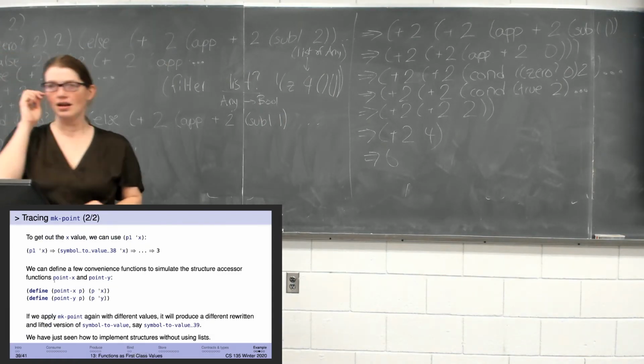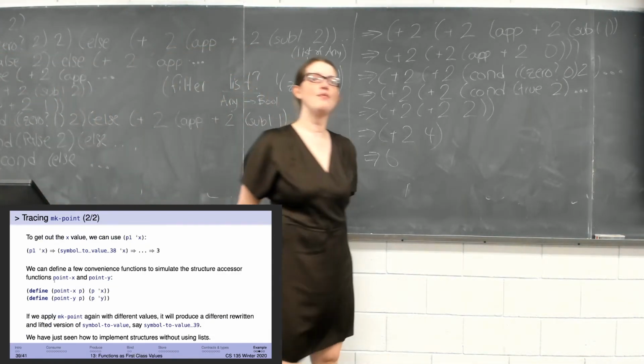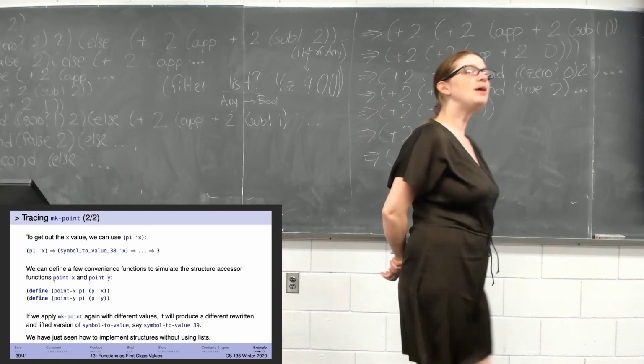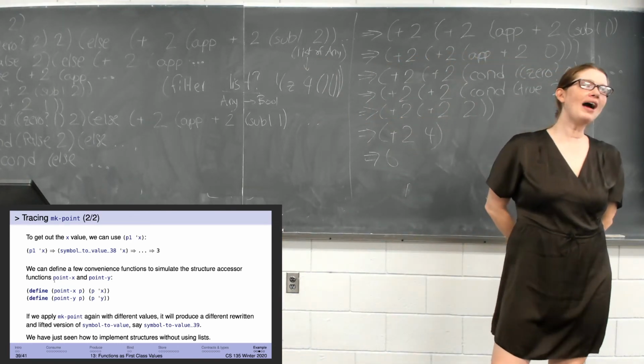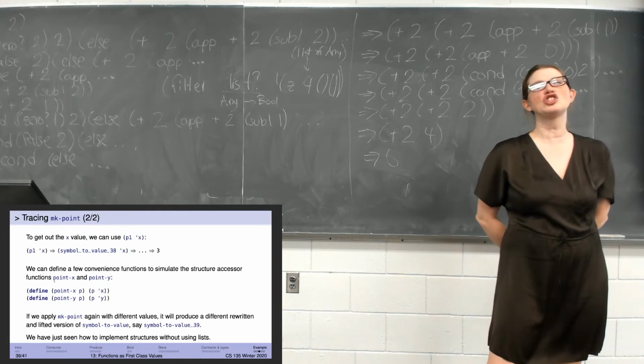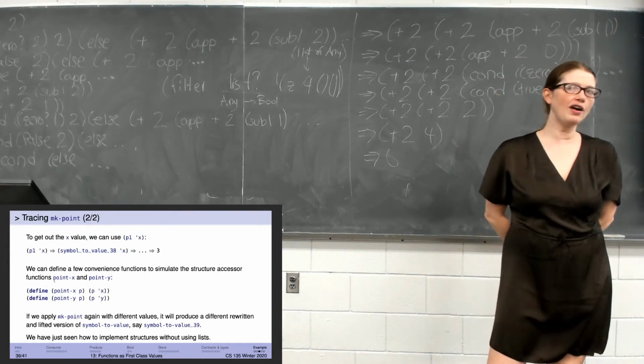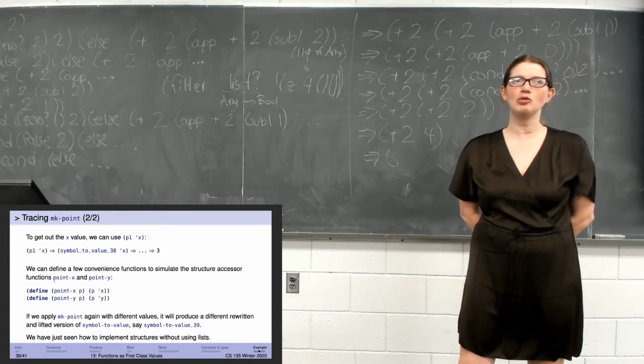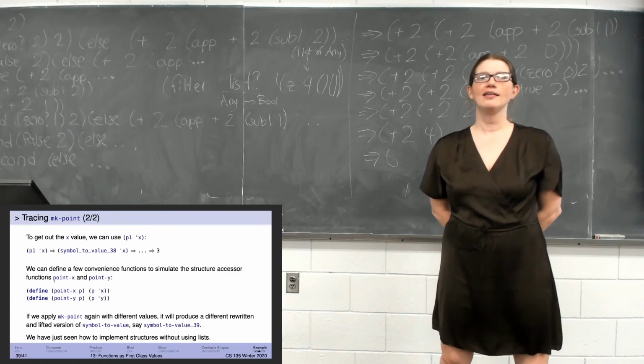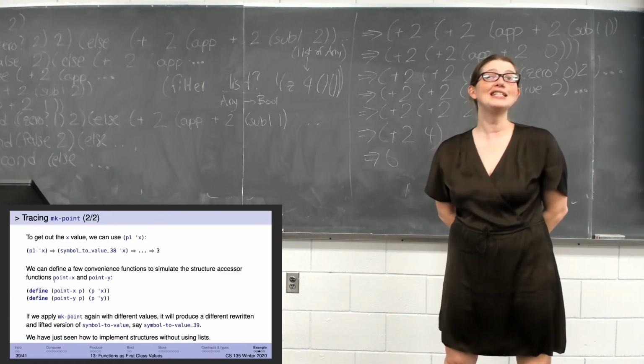So what do we want to do when we have a structure? Do you remember that when you have a structure, we consider the constructor with each of the field arguments as values to be the value of the structure? We just did the same thing.